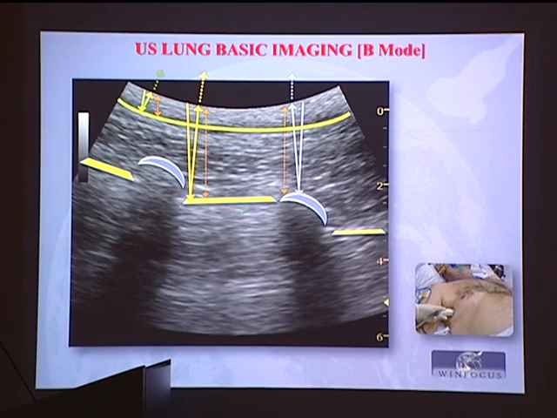It is the parietal pleura plus the visceral pleura plus the subpleural air that is reflecting itself. So what you see here bright is actually a structure composed of 3 components: parietal pleura, visceral pleura, subpleural air.